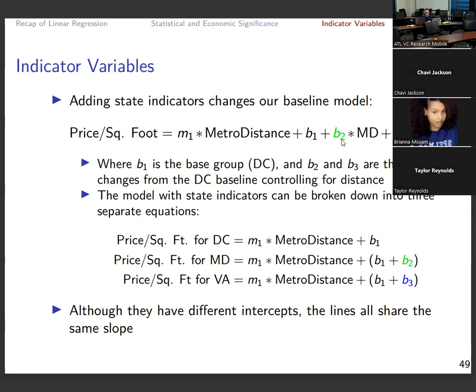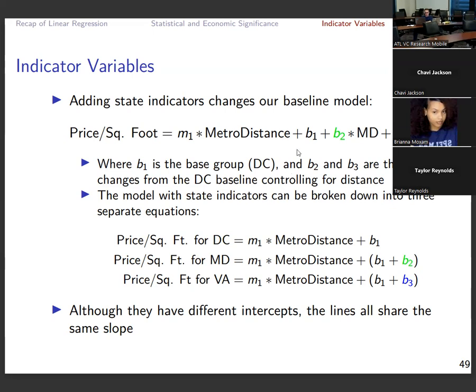Okay? Then we need to understand what this B2 coefficient means and what this B3 coefficient means. It's all based upon the B1 variable, very similar to what we've already talked about.